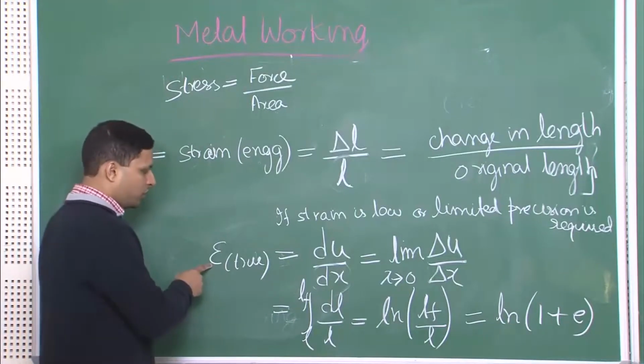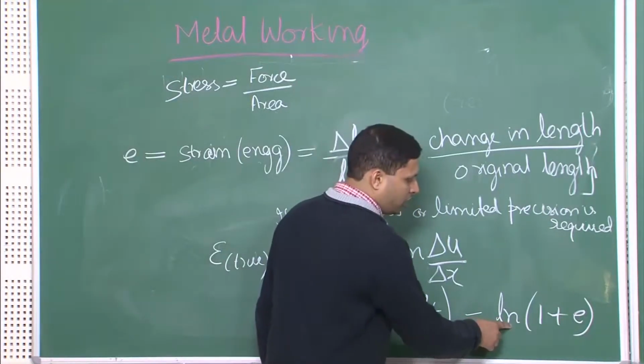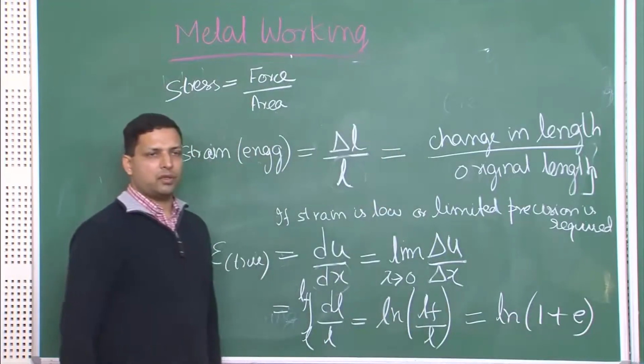So, your epsilon, the true strain, is the natural log of 1 plus E.